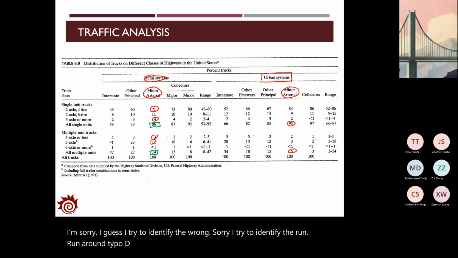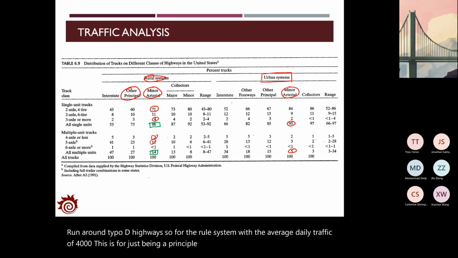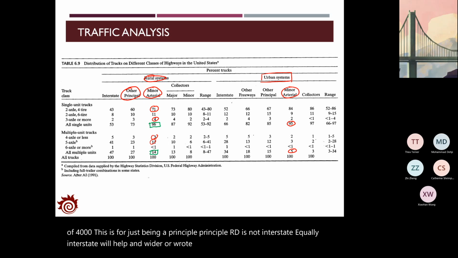So for the rural system with an average daily traffic of 4,000, this will just be a principal road. It's not an interstate. Usually interstate will have a wider road. For the interstate, each direction usually will have 2 lanes, not a 2-lane road.